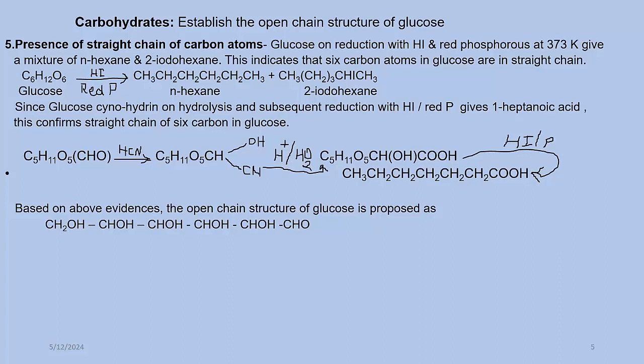On the basis of all these evidences, we can write the structure of glucose like this: CH2OH, single bond, CHOH, single bond, CHOH, single bond, CHOH, single bond, CHOH, and single bond, CHO.